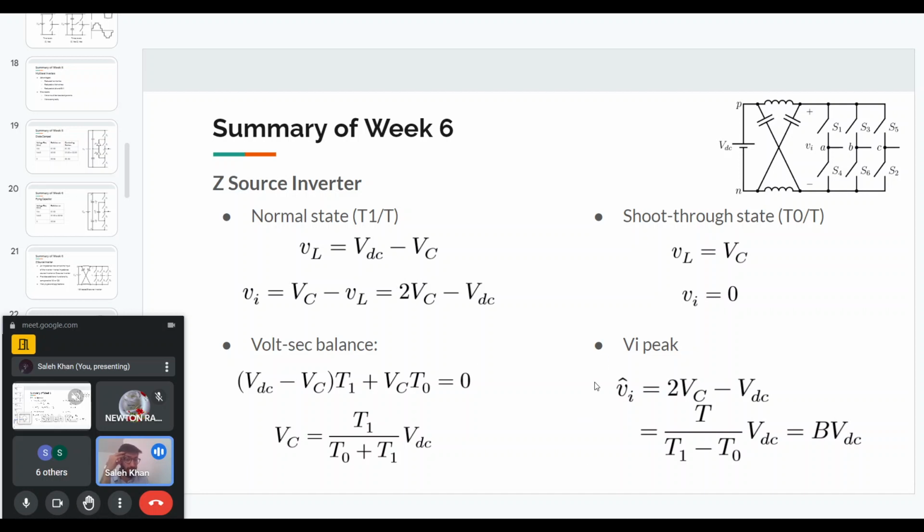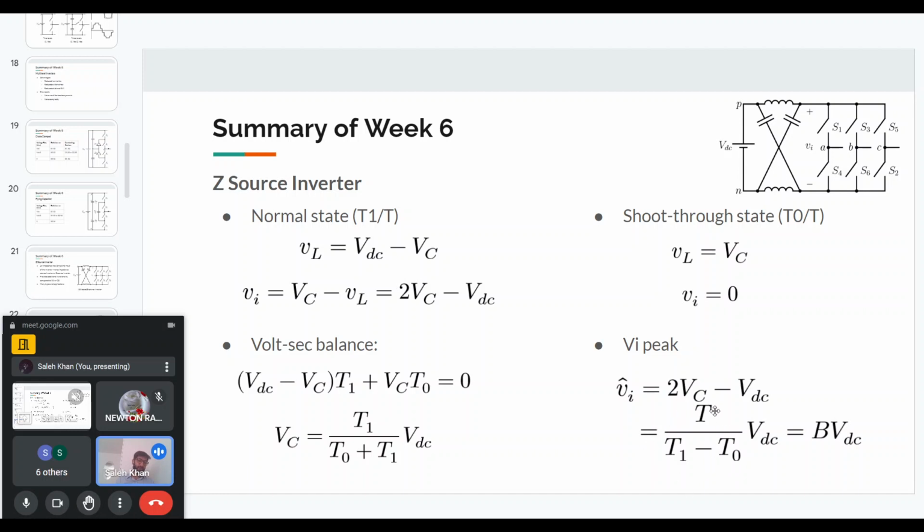We can also find the Vi peak now. Once we have the VC voltage, which is the average value of the voltage across the capacitor, we can find the Vi peak. For the shoot through state, Vi is equal to 0. So Vi peak will be in the normal state, which is 2VC minus VDC. And by substituting the value of VC, we will get that Vi is equal to this factor, T divided by T1 minus T0, which is the B factor or boosting factor.